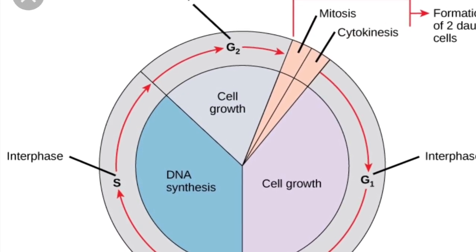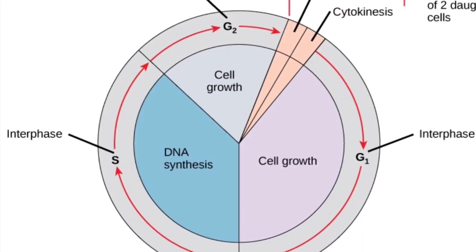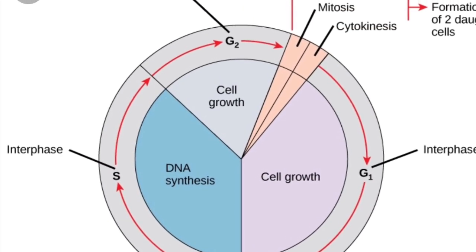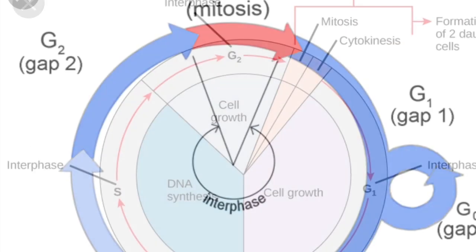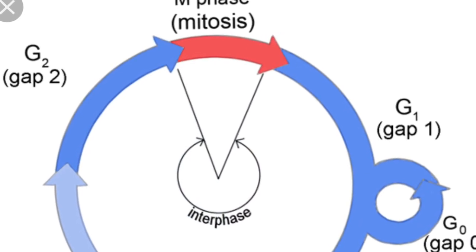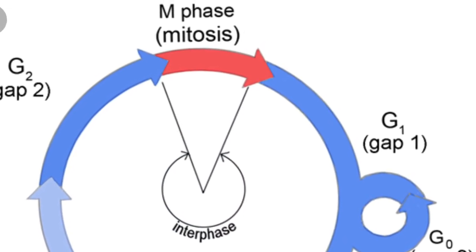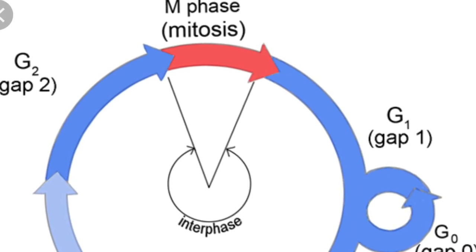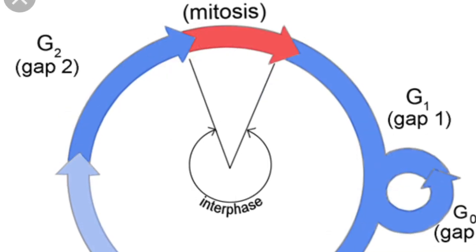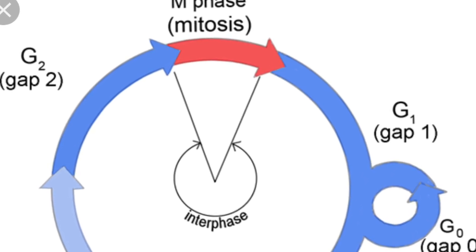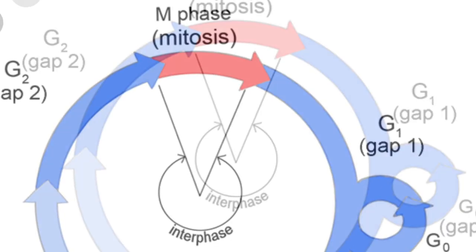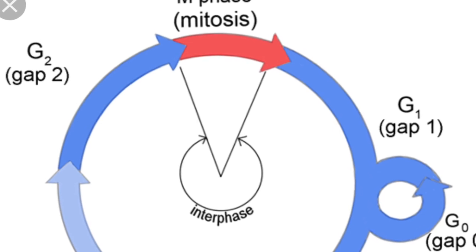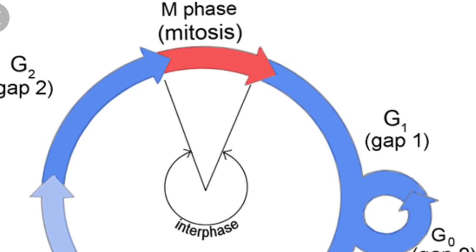And I'm going to talk to you first about interphase, which is where G1, the S phase, and G2 actually take place. In G1, you're going to find that the cell grows in size as an indicator that we need to start cell division. Once we get that indicator, we go through the synthesis phase, which means that DNA replication is taking place.